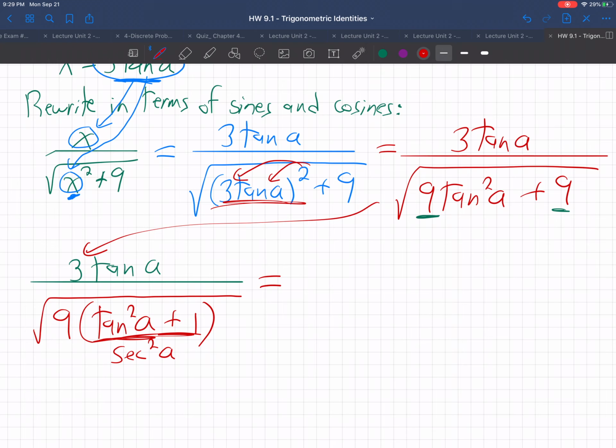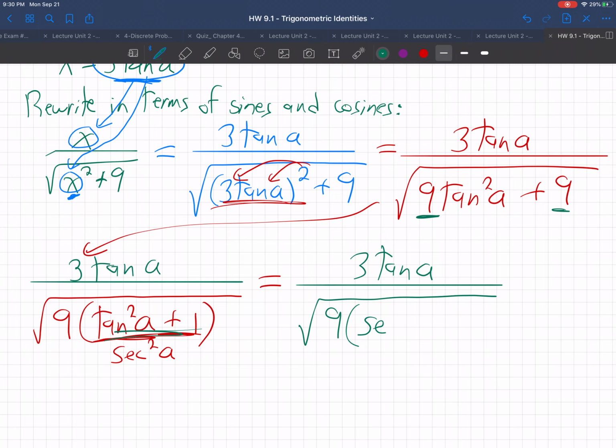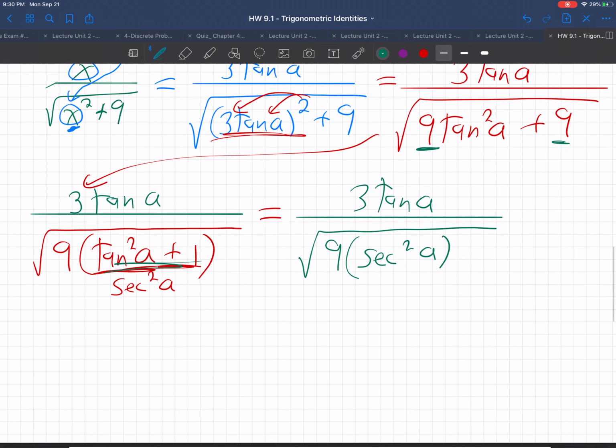So that leads us to this point now. We have 3 tangent of a over the square root of 9 times tangent squared plus 1, that's secant squared, right? I just replaced all that with secant squared. Okay, great, got it. So now what?